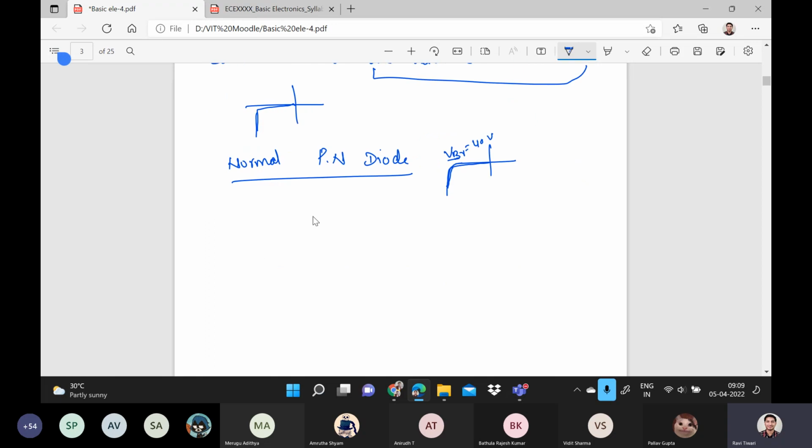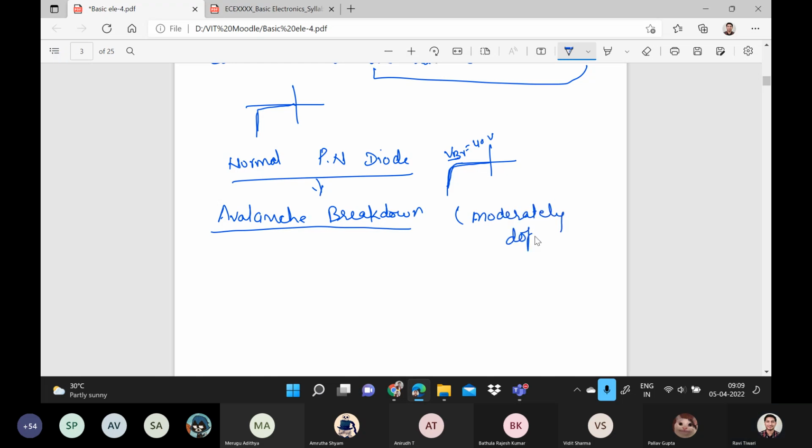The phenomenon which happens in the PN junction is called the avalanche breakdown. It's the same phenomenon, breakdown, but it happens when your P and N regions are lightly or moderately doped. It is the same phenomenon, just the name changes.